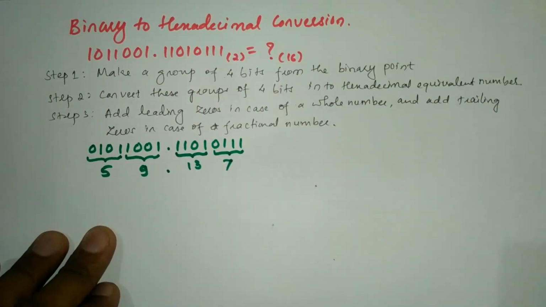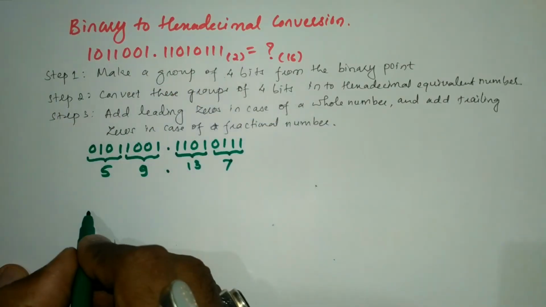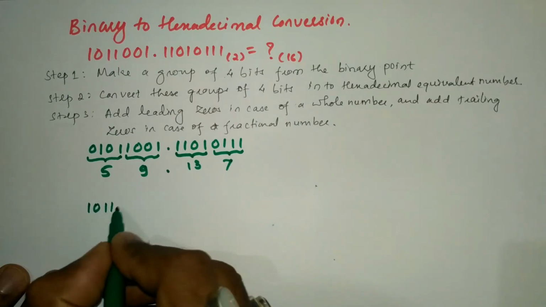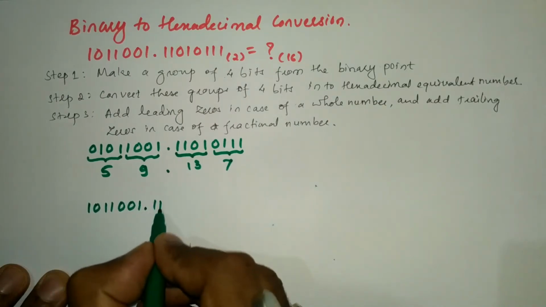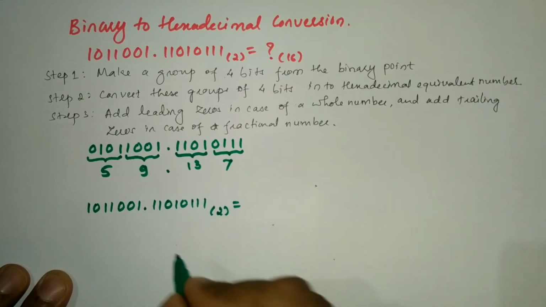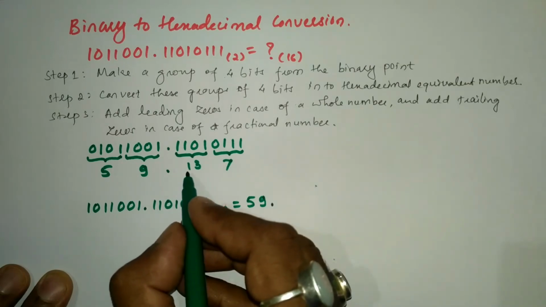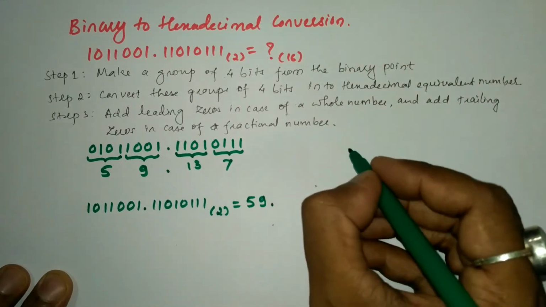Okay, fine. Now we have to write this number. The given number 10110001.11010111 to the base 2 is equal to 59.9 — we cannot write 13 directly in hexadecimal notation.